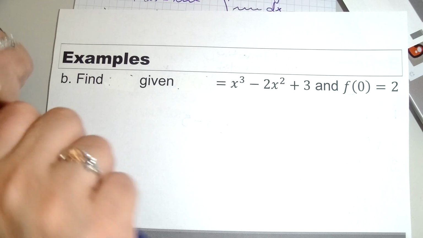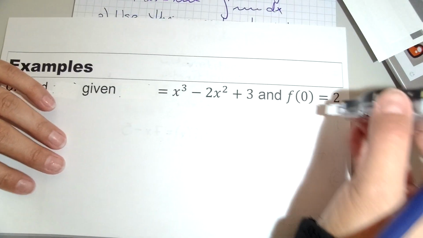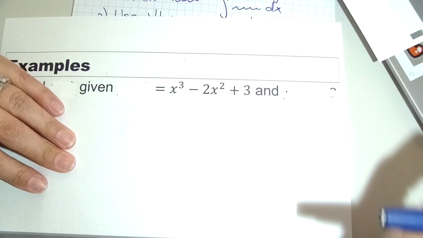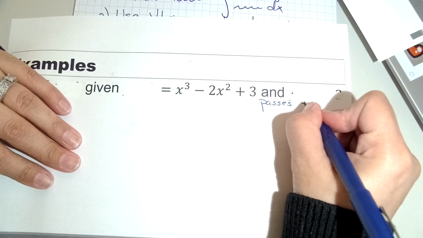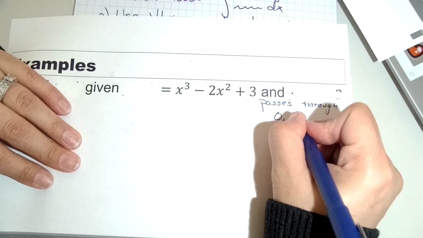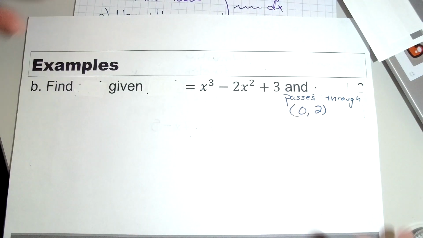It says and passes through the point 0, 2. Sorry, I forgot to change it in the PowerPoint. Now that's right, correct? Okay.